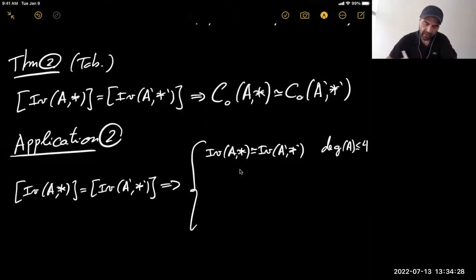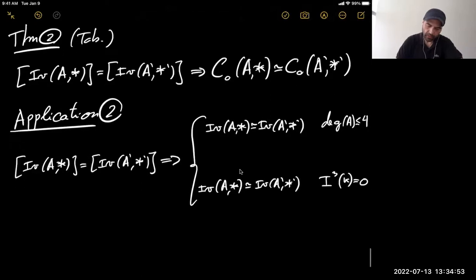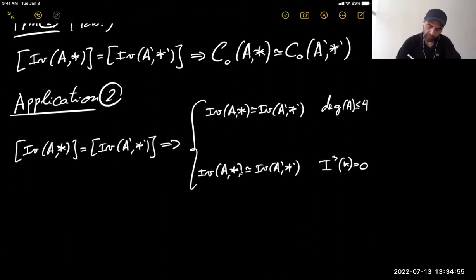So once again, here, if they have the same Grothendieck classes, the degree of A and A prime will be the same because they correspond to the dimensions. And also, you have this in arbitrary dimensions. They are isomorphic as long as we're working with fields where the third power of the fundamental ideal is trivial.